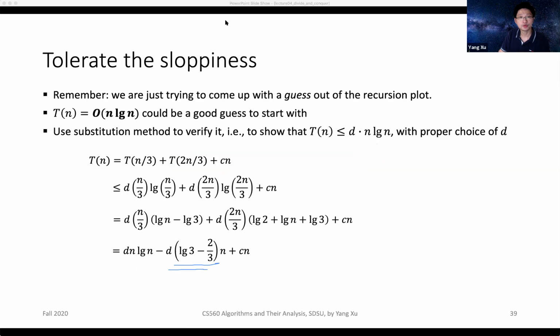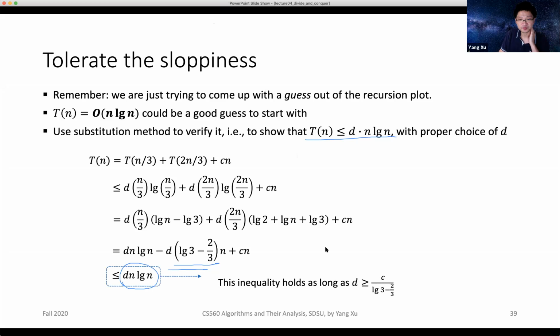So in order to make this inequality hold, because we want the upper bound, we want the whole thing to be smaller than d times n times logarithm of n, we must satisfy that this quantity should be greater than c, right?